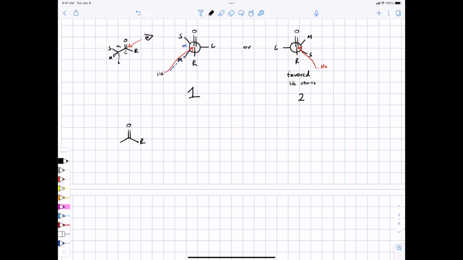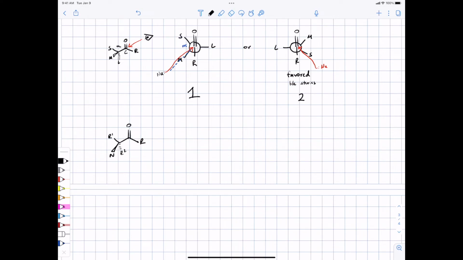Let's make it, say, an amino group. So, sorry, here's a small group. Here's some other group. We'll just call them R1 and R2. I meant to do a dash there and a wedge here.